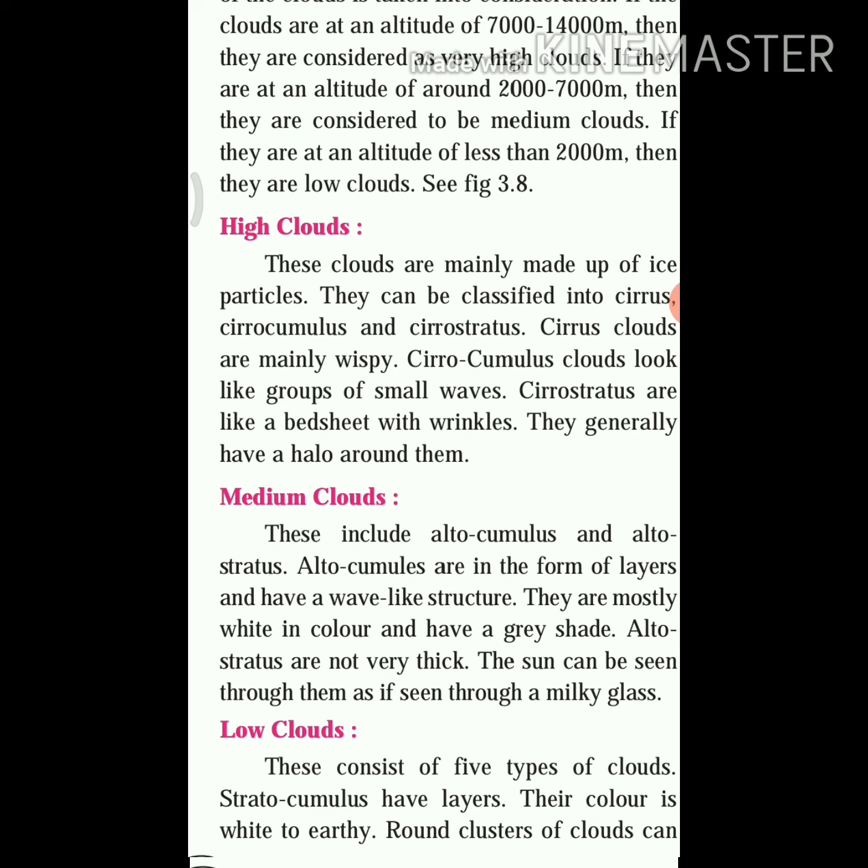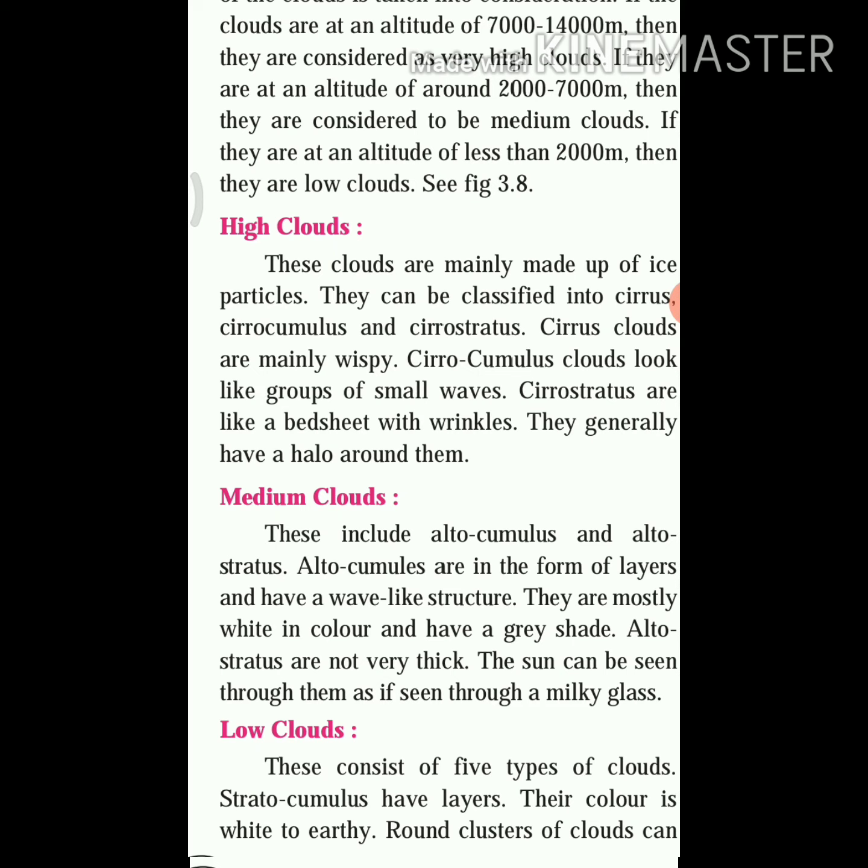The proportion of water vapor in the air near the surface of earth is more, therefore clouds of larger size are seen at the lower altitude. Proportion of water vapor in the air at higher altitude is less, therefore clouds of smaller size are seen at the higher altitude.